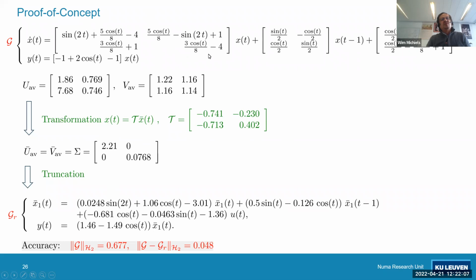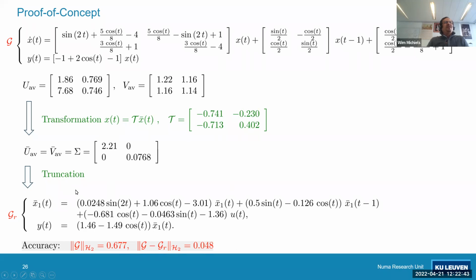For this equation, we now see that we can do a transformation in Rn in such a way that there's one state variable that contributes significantly more than the other in terms of being connected to the input and being observable at the output level. So that's a good candidate to reduce the model. And what have I done here? I have now truncated the system after the transformation, and I end up with this reduced model here.